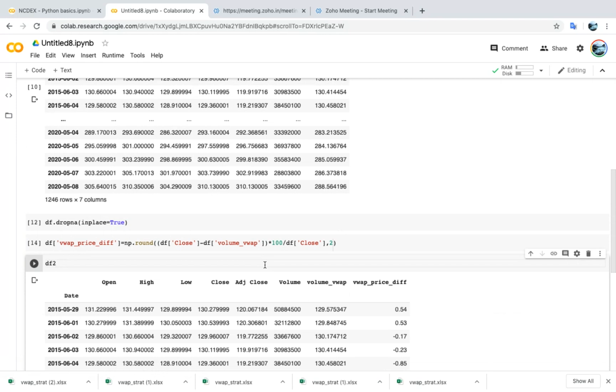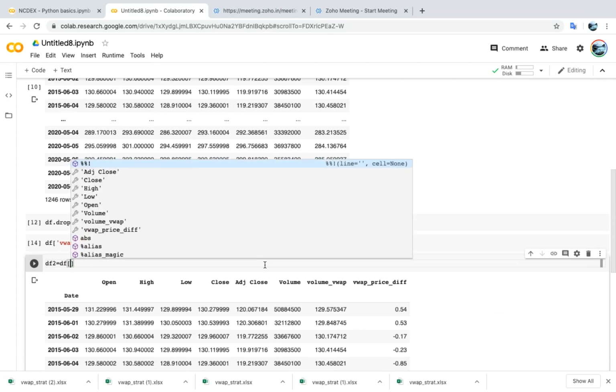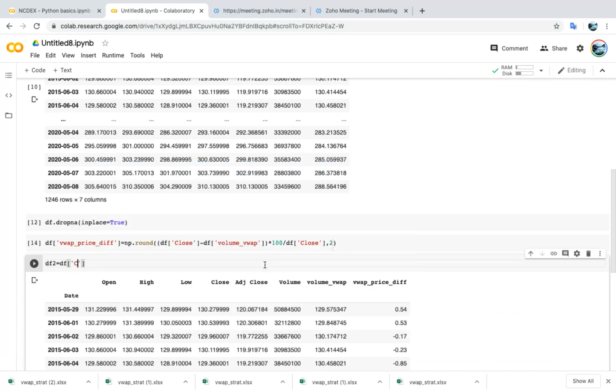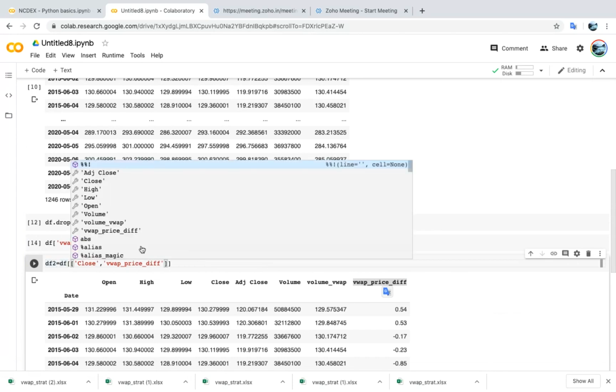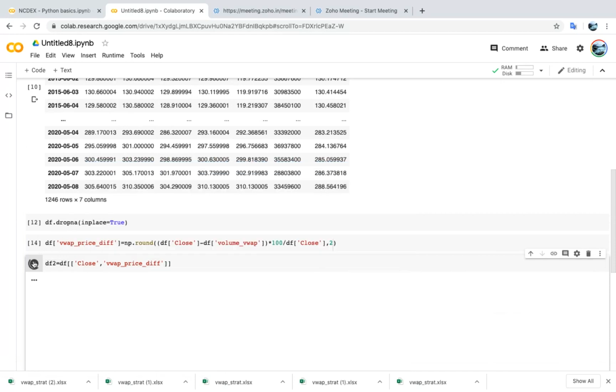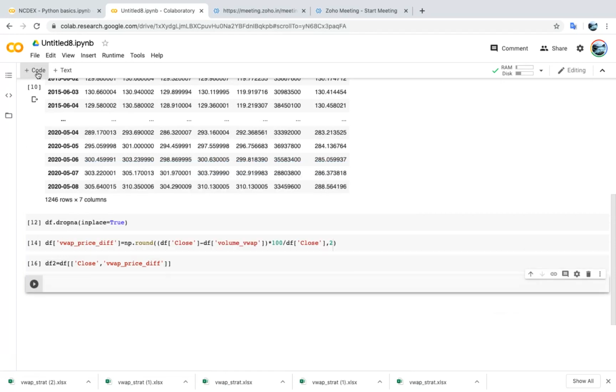So I will do one thing. I will trim that data set to DF. I will just take 2 columns, close, and VWAP price difference. Let us run it now. Wonderful.